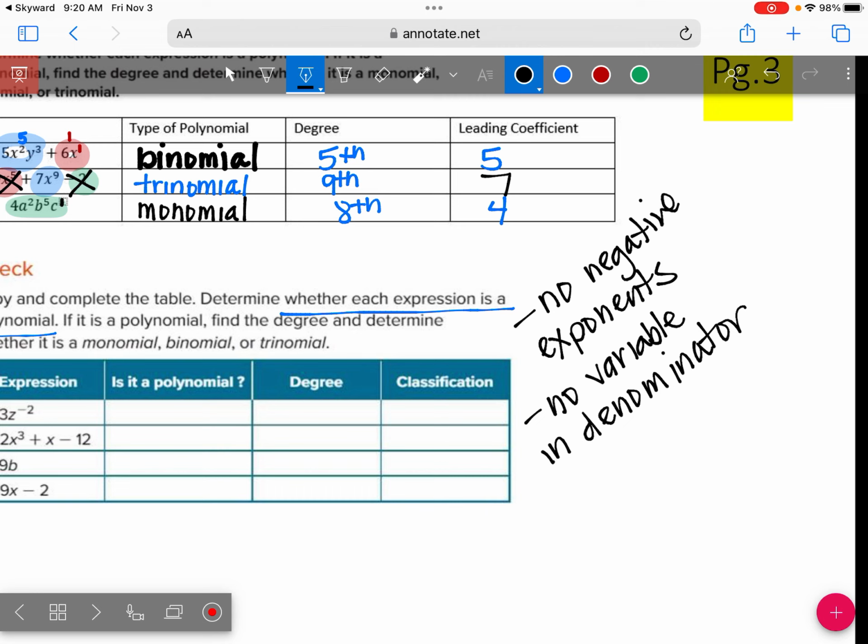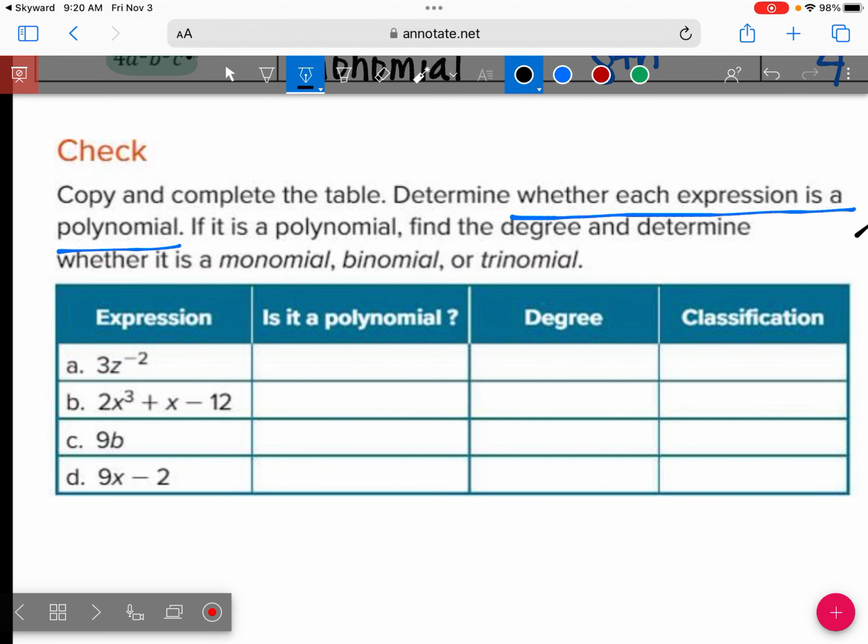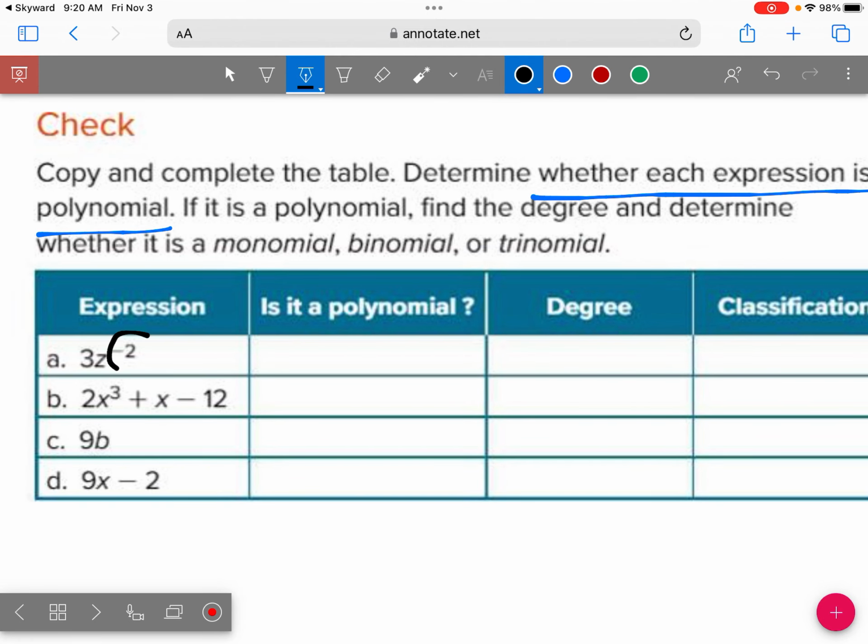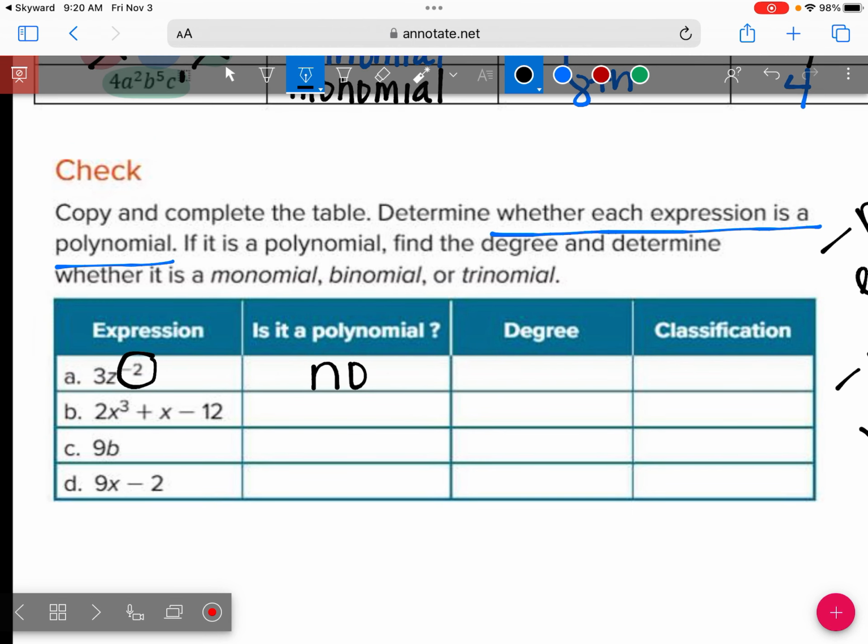So when we look at this first one, that's an automatic, because that's a -2, that makes this a no. And because I'm saying no, I don't have to answer these two questions.